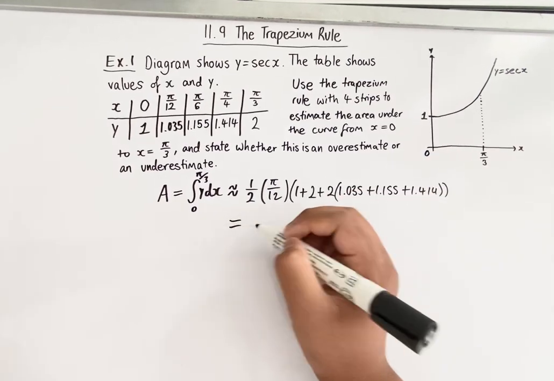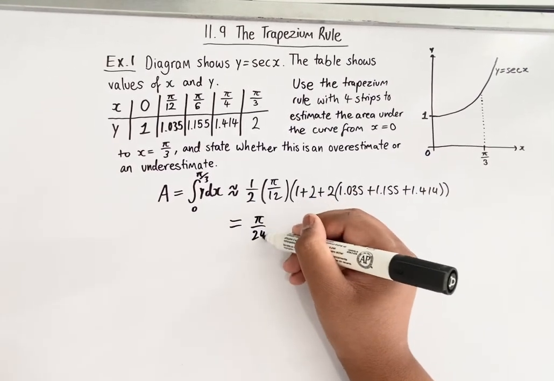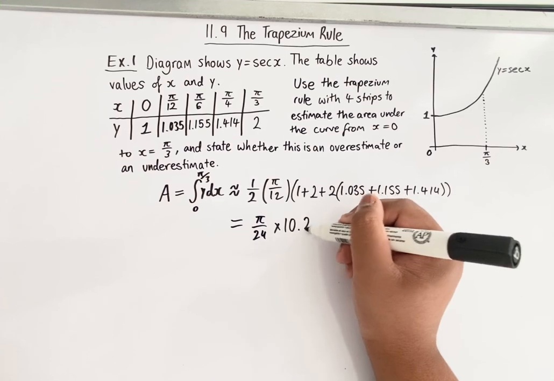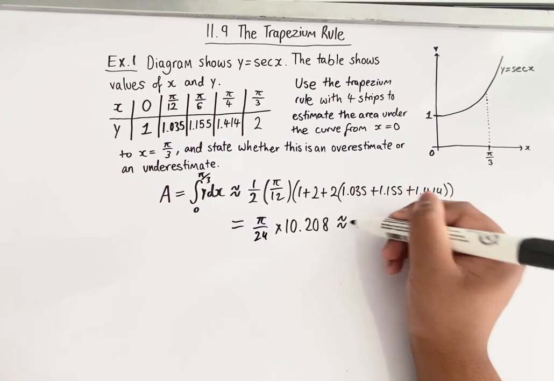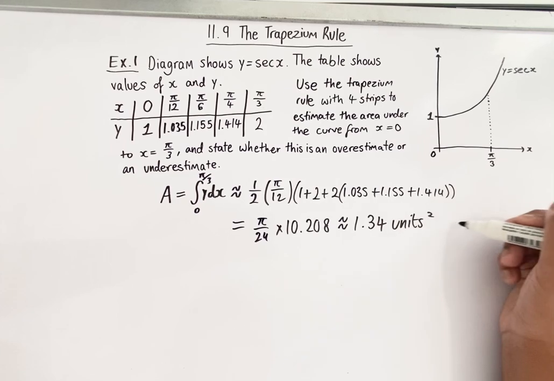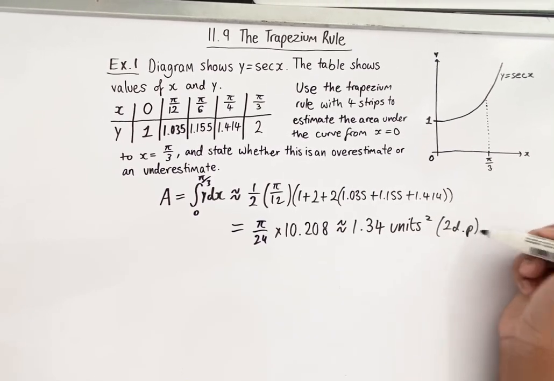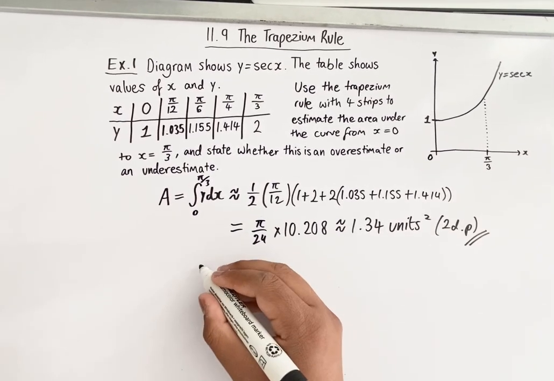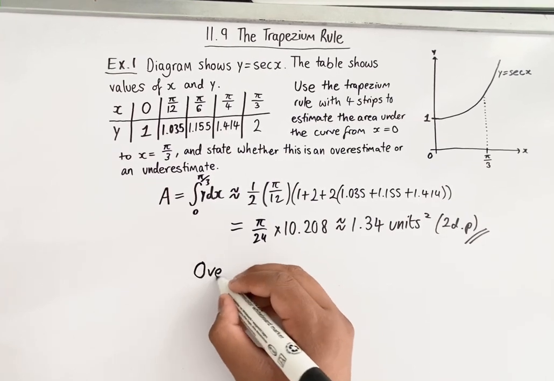And so this will be pi over 24 multiplied by 10.208, which is about 1.34 units squared to 2 dp. And this would be an overestimate.